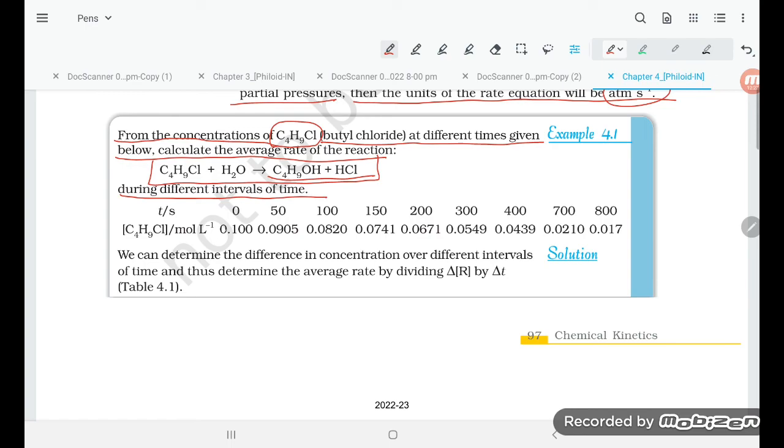During the time interval, time 0, concentration 0.1; 50 seconds, 0.0905; 100 seconds, 0.0820. So the concentration of reactant keeps on decreasing. We can determine the difference in concentration over the different intervals of time and thus determine the average rate by dividing delta R by delta T.